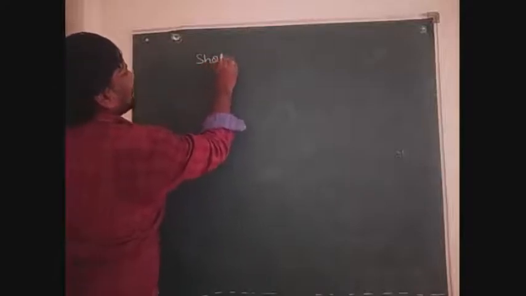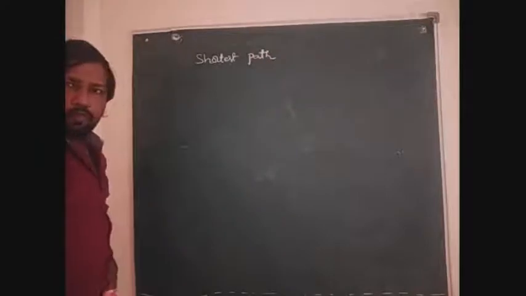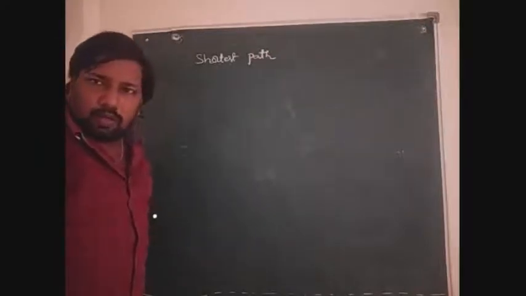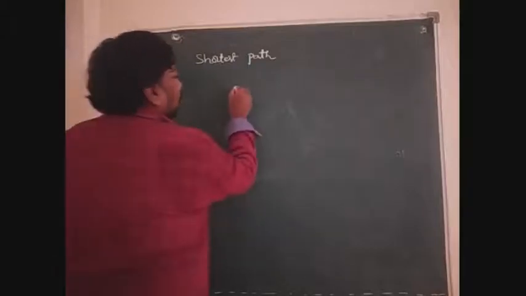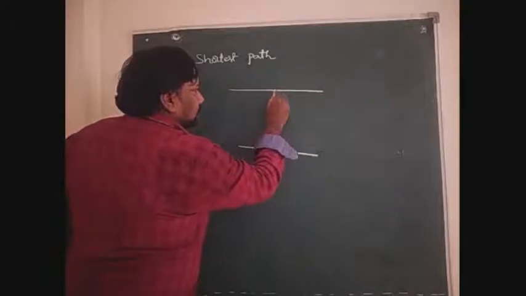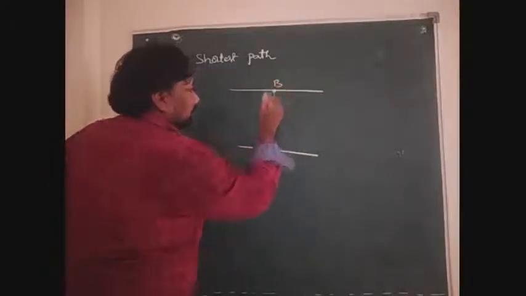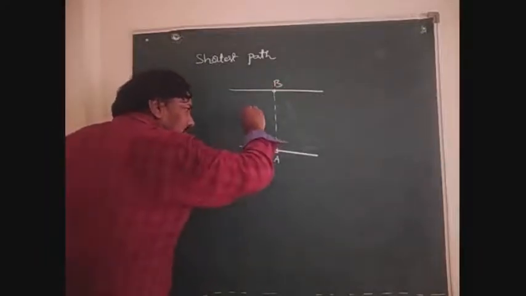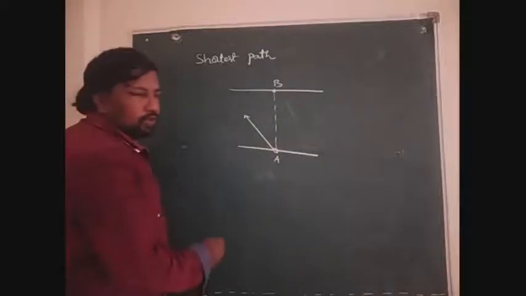This problem is the case of the shortest path, when a boat or a man crosses the river in the shortest path. Here this is point A, point B. When a swimmer swims, it is in the direction of the opposite point.